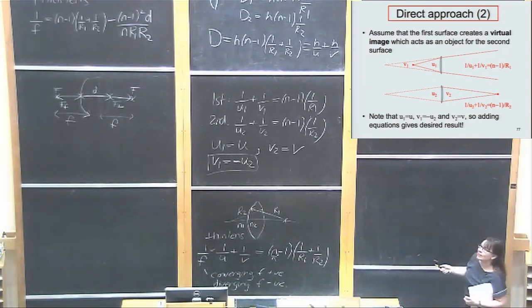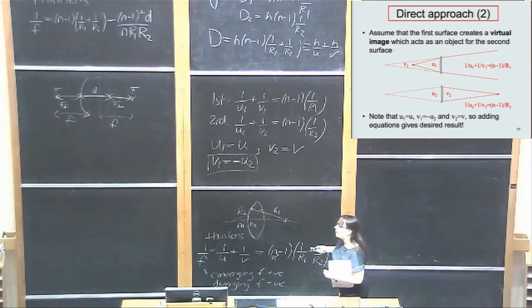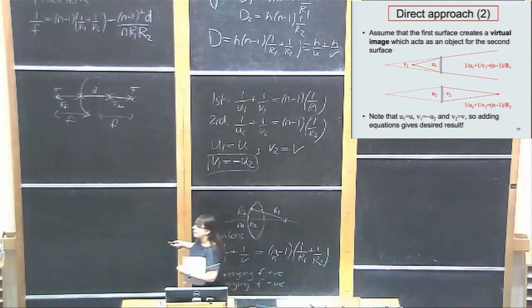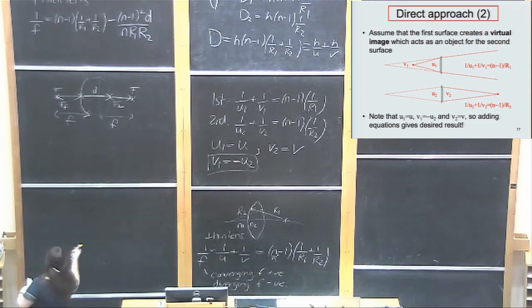I think you know. Okay, so what sign does v1 have and why? Yeah, because it's a virtual image, and then that's serving as a real object actually for the other lens. So one is minus the other.